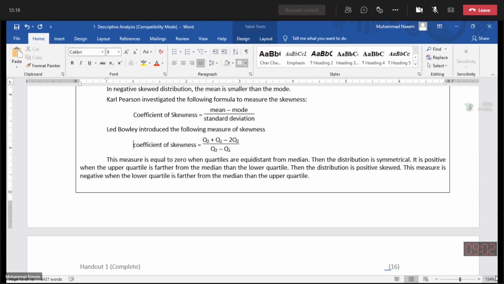But how do we decide about the skewness? This coefficient of skewness is usually denoted by B1.